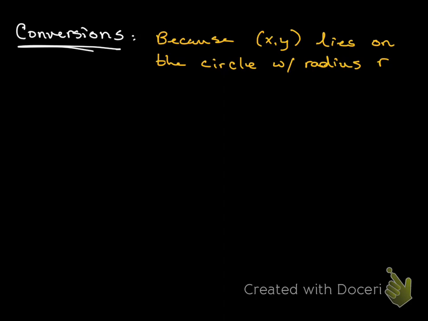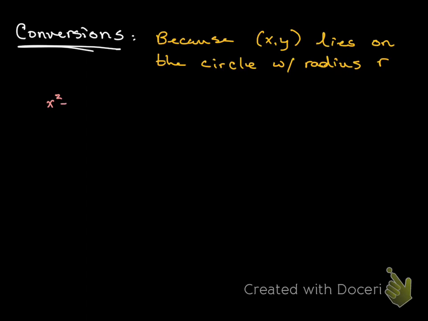There's a lot of trig involved in this, of course. The reason our point lies on the circle is because in our polar system, everything lies on a circle. We don't really have anything floating out in random space. They're all going to be on a circle somewhere.